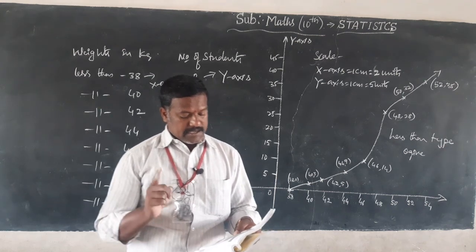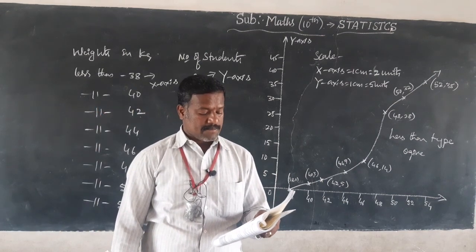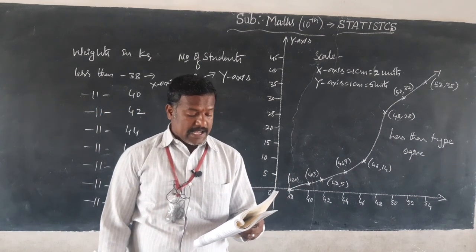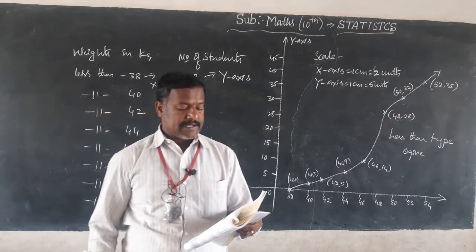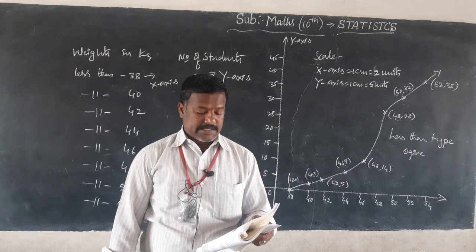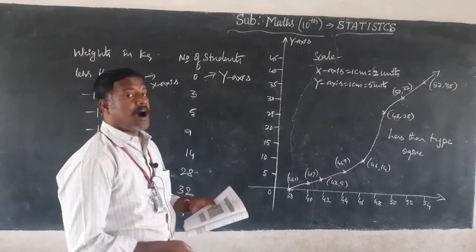Children, here you have to use one trick, that is for finding median. Children, here we have taken less than 38. So for less than numbers, you should take upper limits.